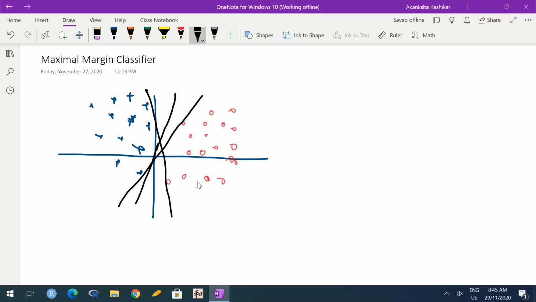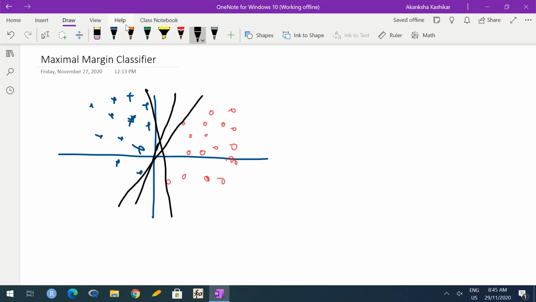Assume all these are straight lines. So these are all possible classifiers, right? Because they are dividing the data into two parts and you are getting 100% accuracy. So entire one group is on one side of the line and the other group is on other side of the line. So this is how people probably started thinking about developing some classifier which can do this type of job.